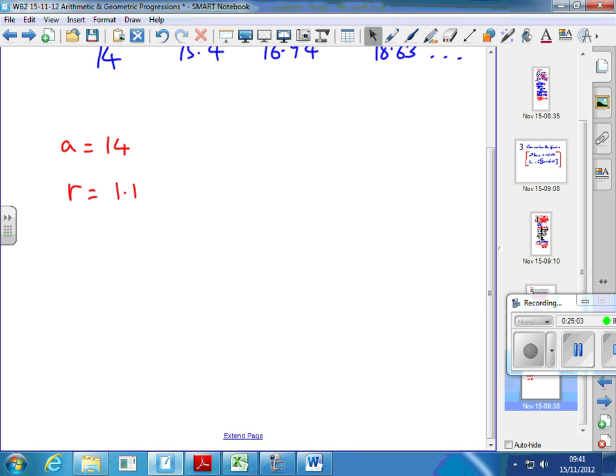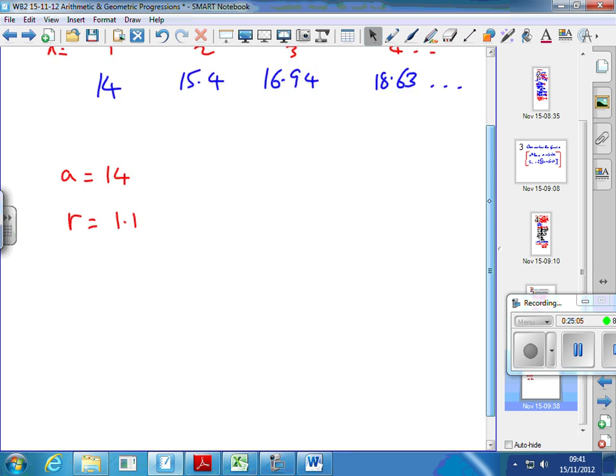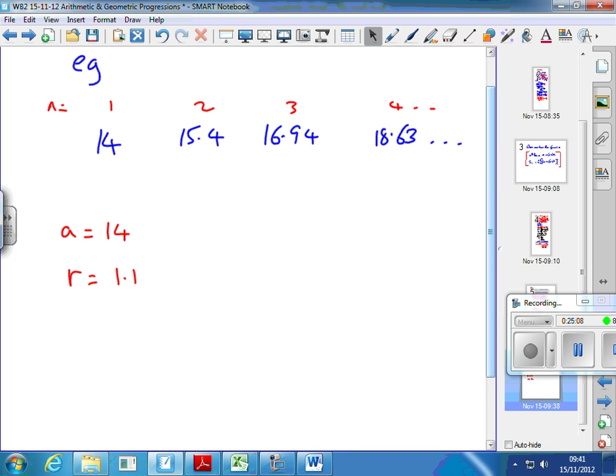If something costs £14 and increases in value by 10%, what will it be worth? Because 10% increase is the 100% plus the 10%, so it's 110% of what we started off with.